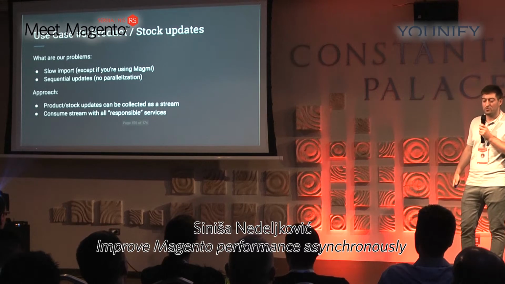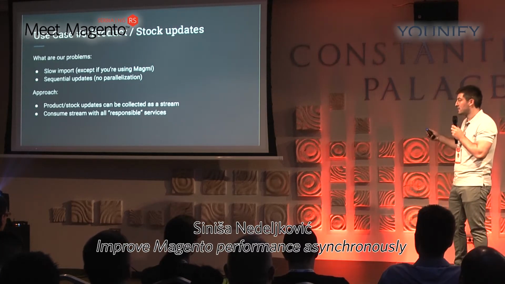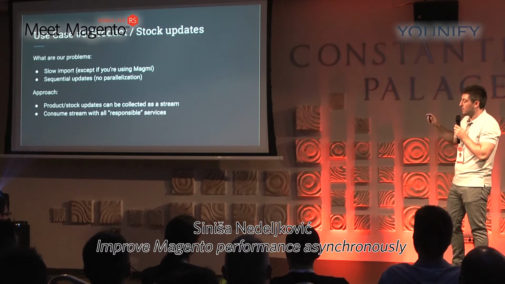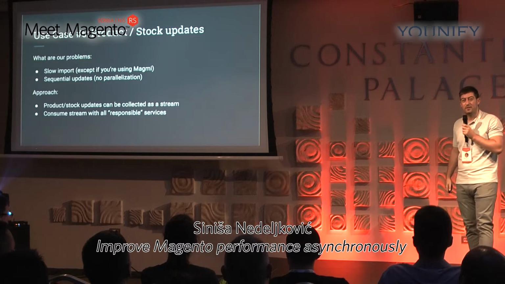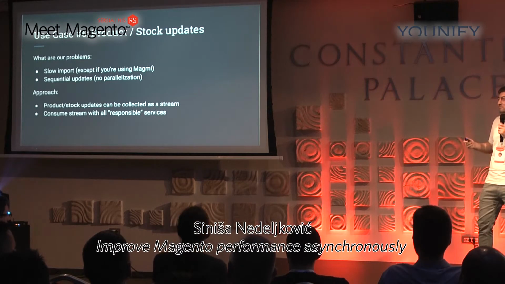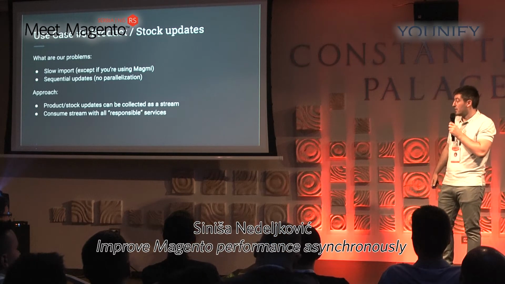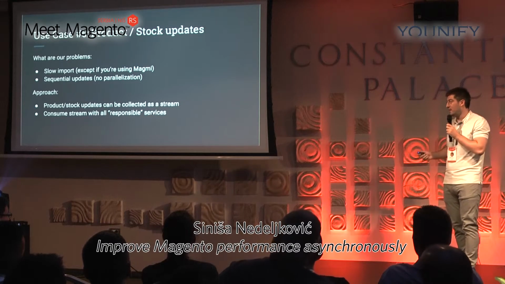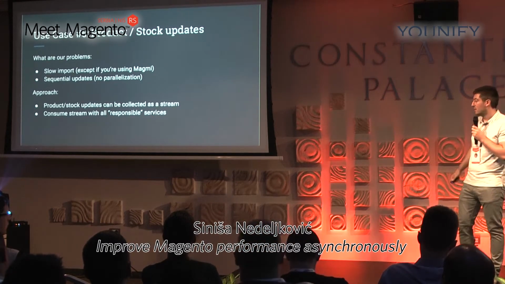The idea is to make it parallel, to use all cores, to use multiple workers, and to push that data. Regarding this approach, as you can notice, I mentioned stream. A stream is a kind of event collection which is used for event-driven development. There is one good implementation of streams which I will mention later.